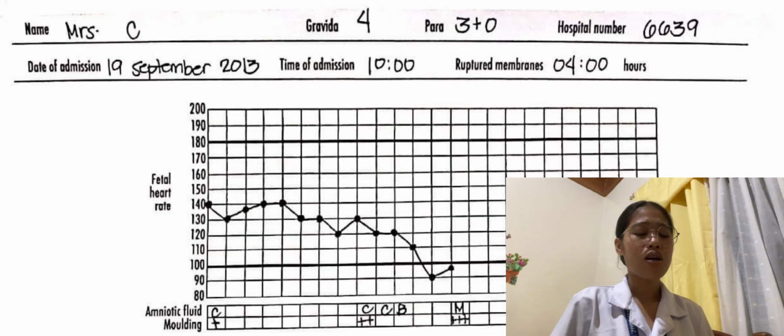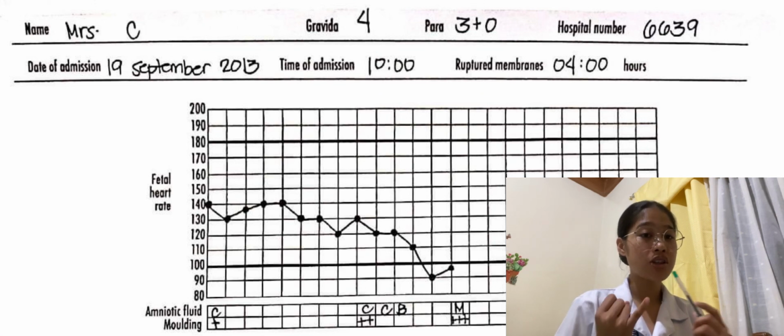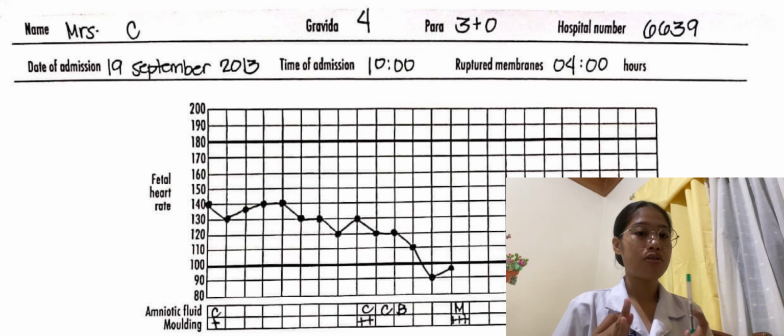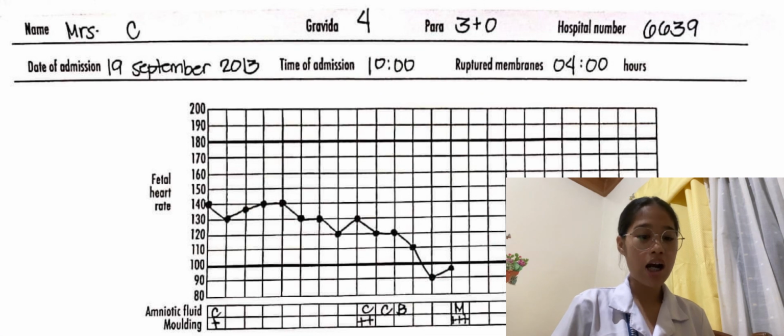So, what problems may be expected in the newborns? So, we have asphyxia and the meconium aspiration. So, what is asphyxia? So, we all know that asphyxia is when the body doesn't get enough oxygen.